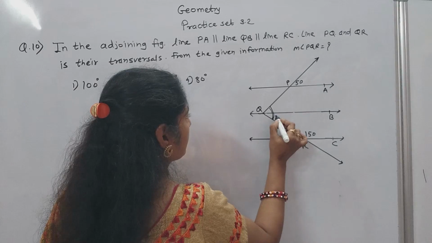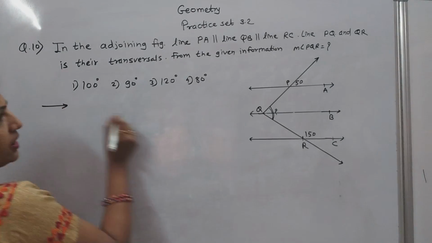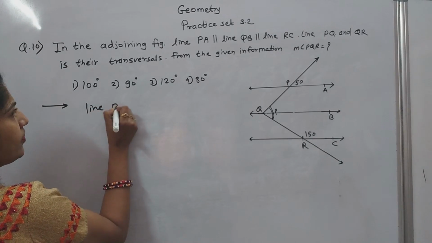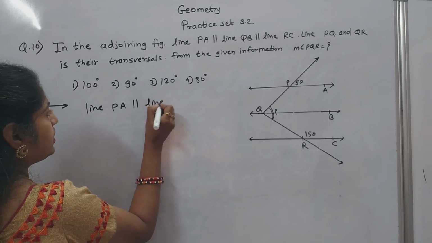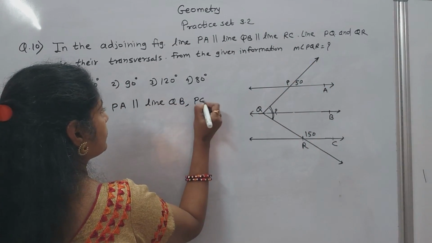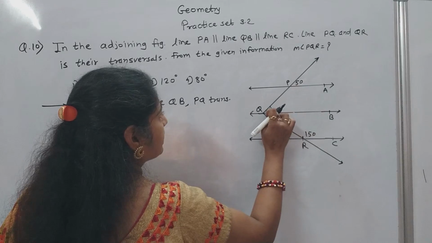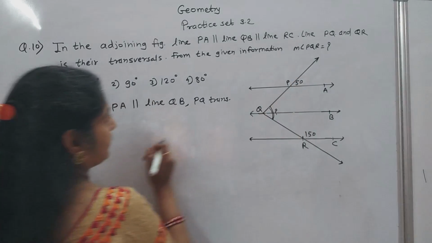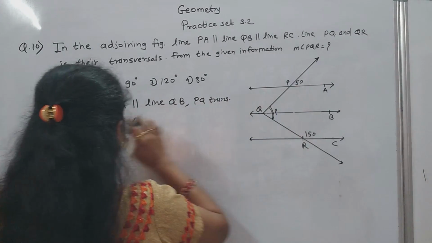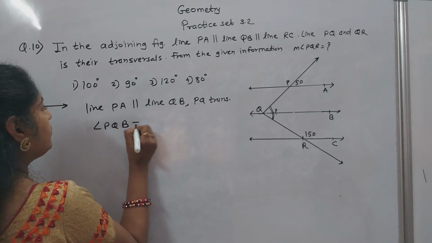First of all, I take line PA parallel to line QB, and the transversal is PQ. Now this angle 50 and this angle is also 50, corresponding angle. So angle PQB equal to 50.